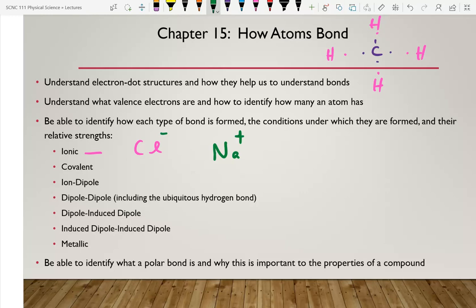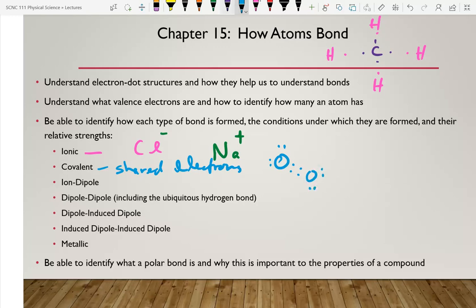What's the difference in the ionic and the covalent? Okay, they're shared. They're cooperating. They're sharing electrons. And so a classic shared electron case would be oxygen there.